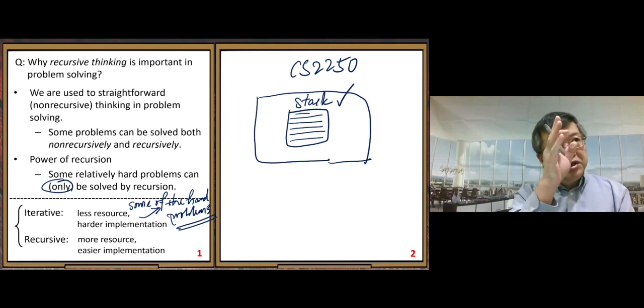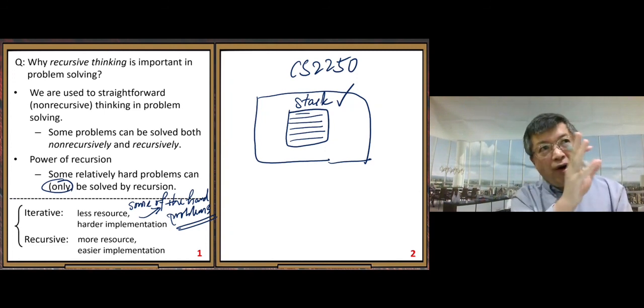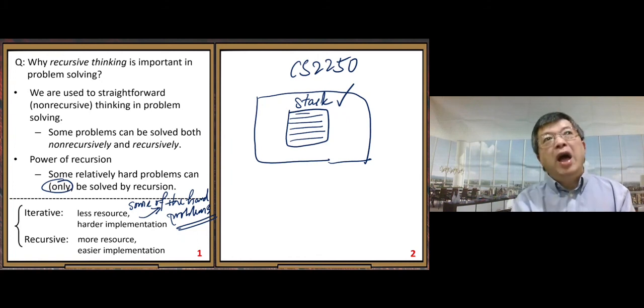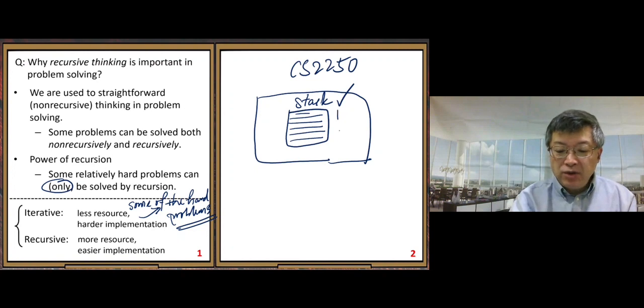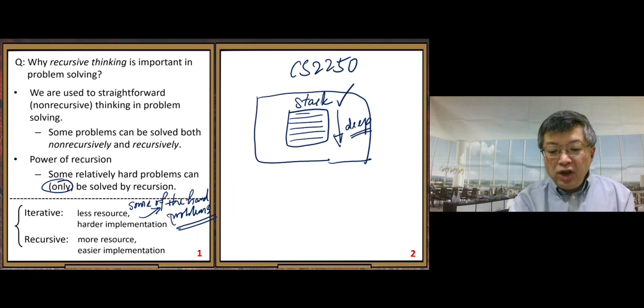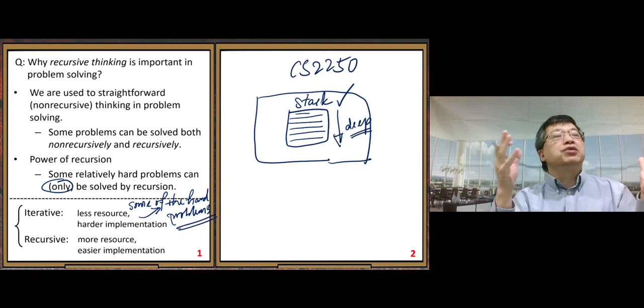If your recursive function is applied on a number or parameter with a larger value, the stack could be very deep. The deeper the stack, the more resource is used.